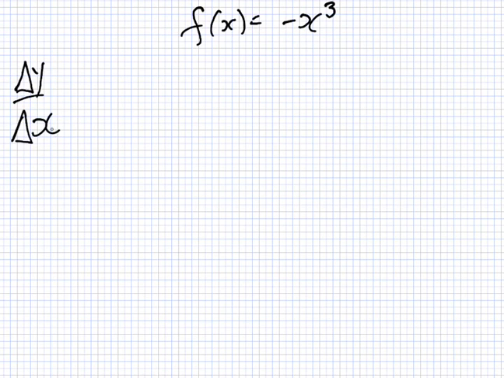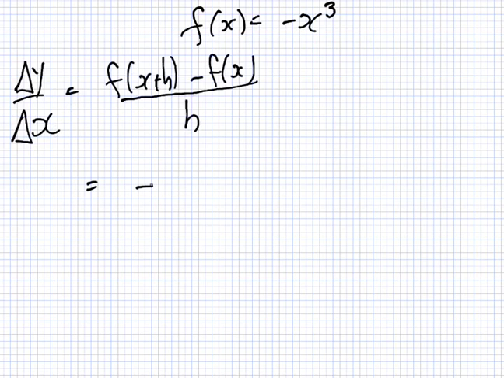So now if I have f of x equals minus x cubed, my formula for the approximate slope of the tangent is f of x plus h minus f of x all over h.